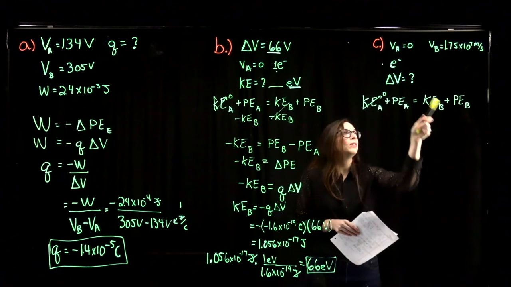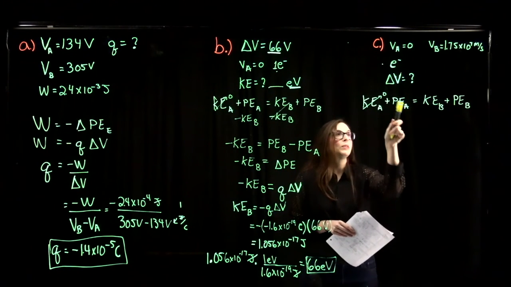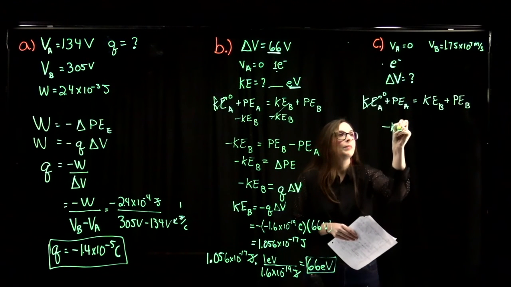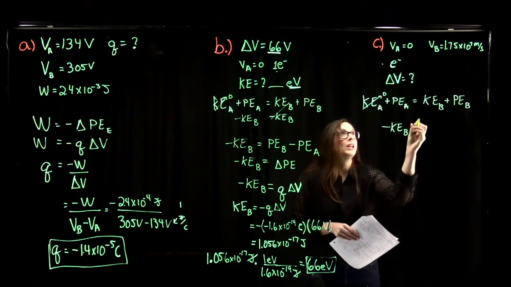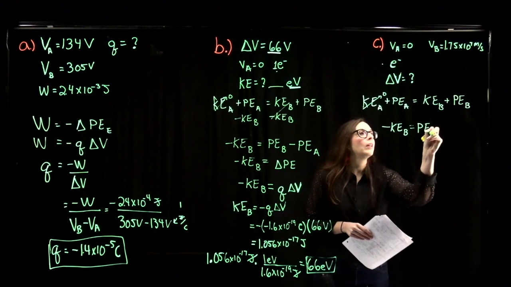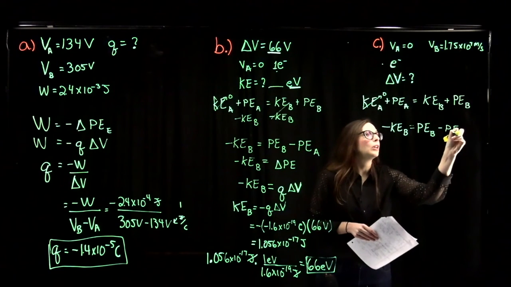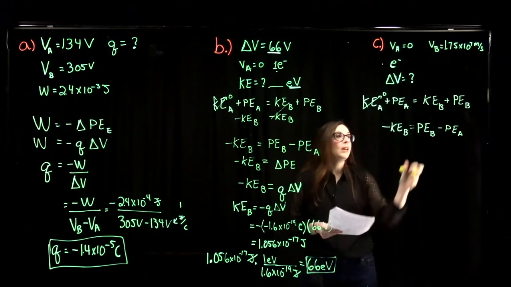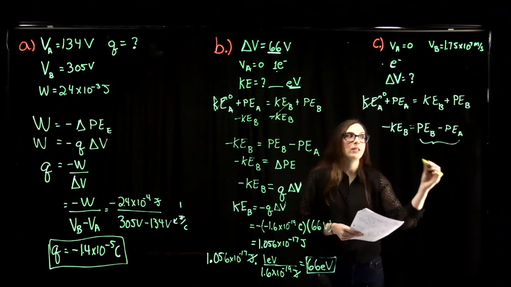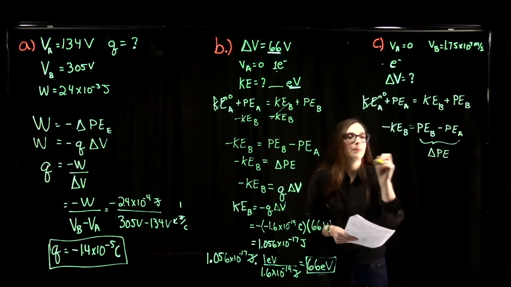I'm going to move this kinetic energy term to the left. I'm going to move this potential energy term to the right. We'll have minus my final kinetic energy is equal to my final electric potential energy minus my initial electric potential energy.